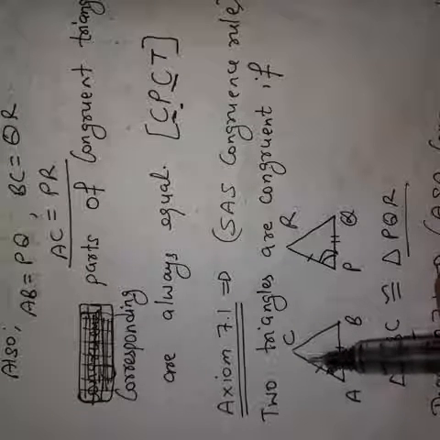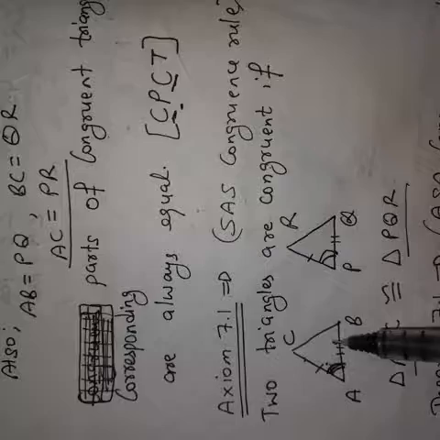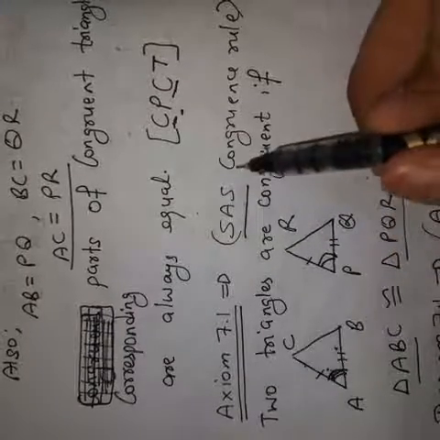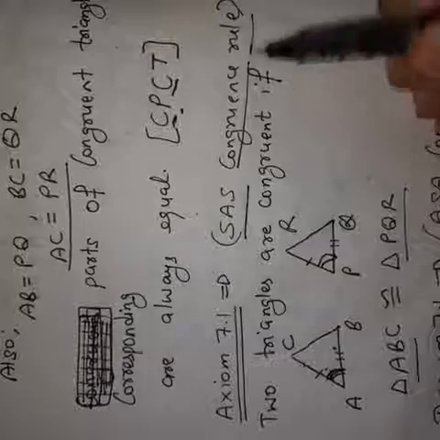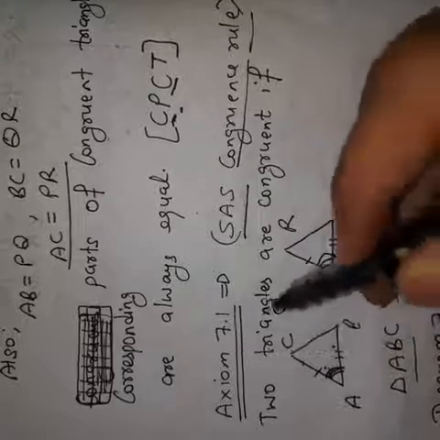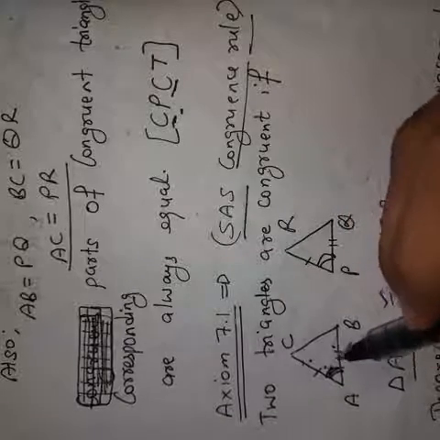So actually in this rule what is included is one is this side, other is angle, then other side. So this rule is called SAS congruence rule, because we can learn it from here that one side include, again angle include, again side include.